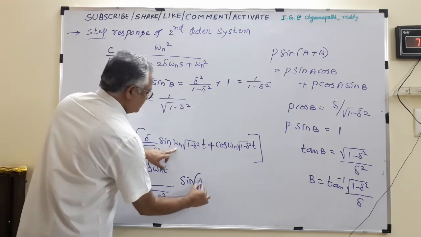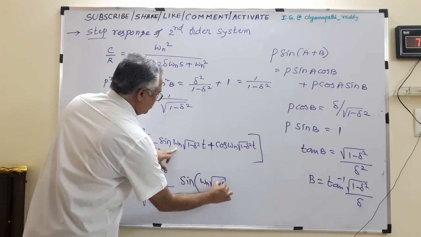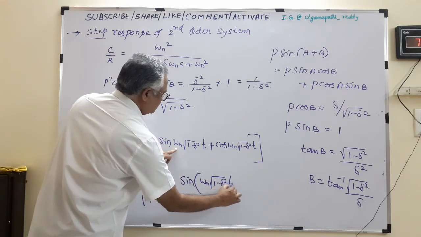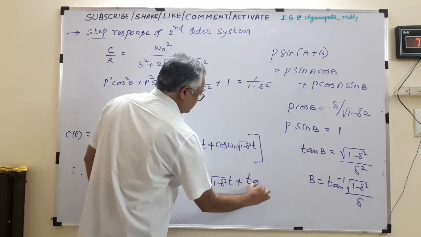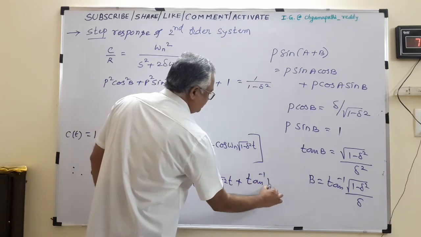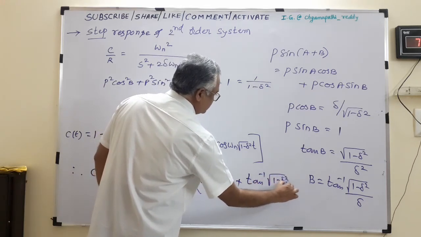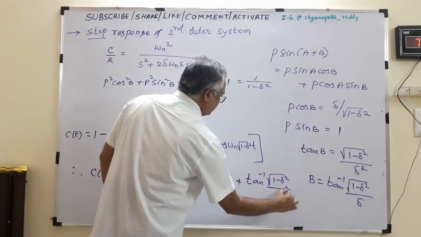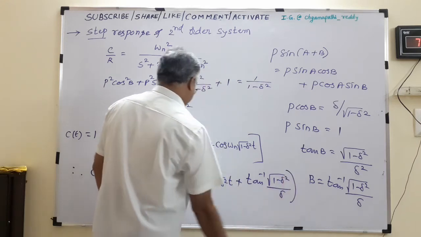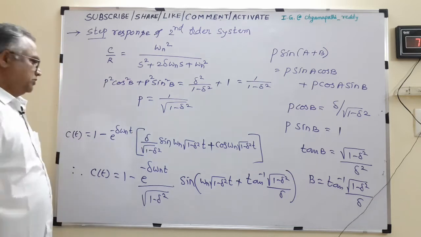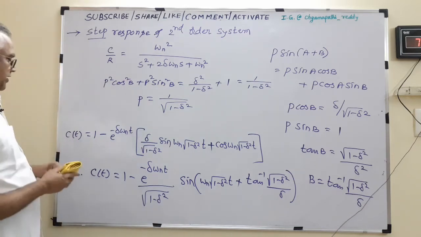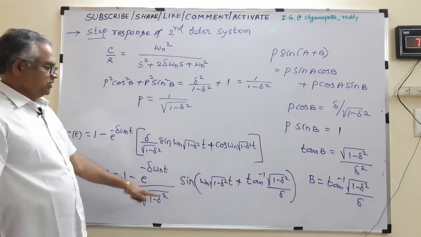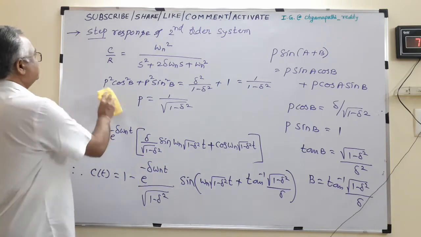So a is omega n root of 1 minus delta square t plus b. b is what? Tan inverse root of 1 minus delta square by delta. So this is the answer. So we derived the step response of second order system.